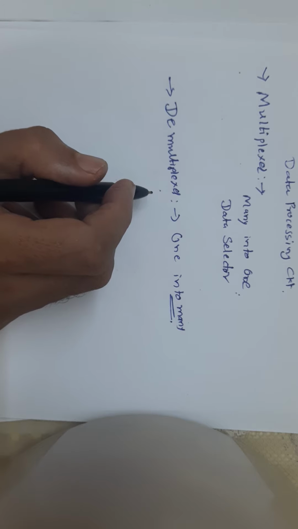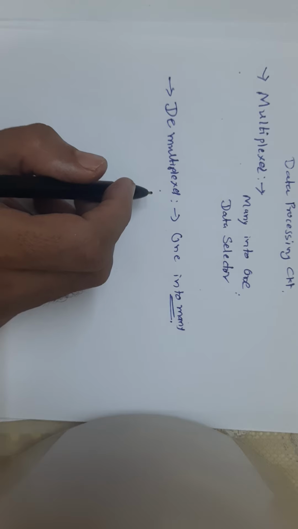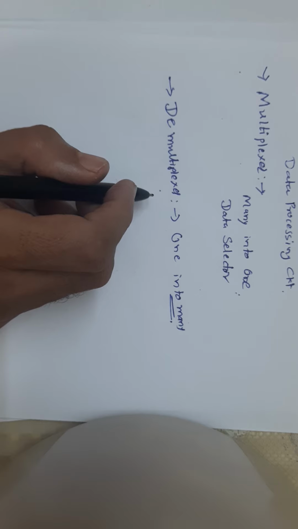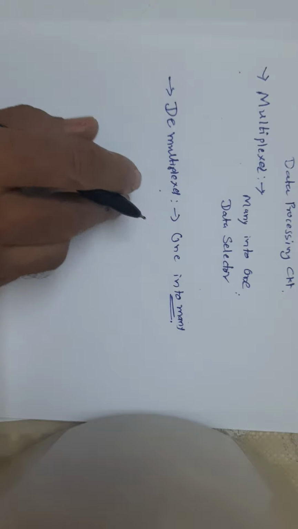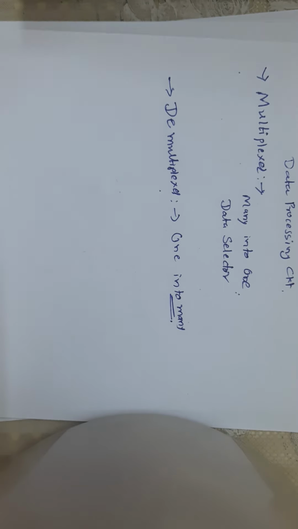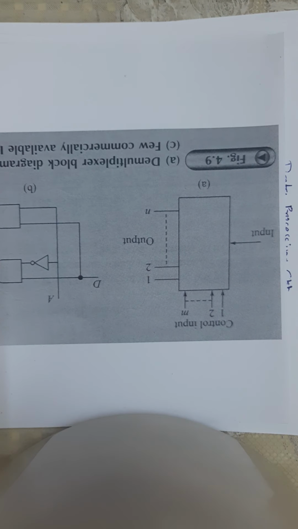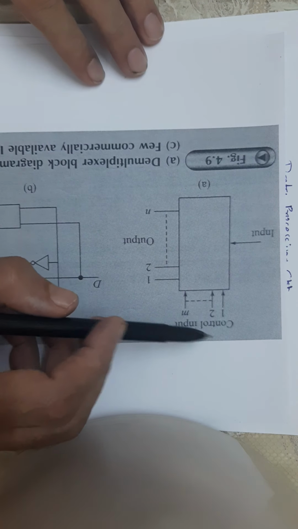A demultiplexer is a logic circuit with one input and many outputs. By applying control signals, we can steer the input signal to one of the output lines. The figure shows the circuit diagram and the truth table. In this figure, this is our control input.